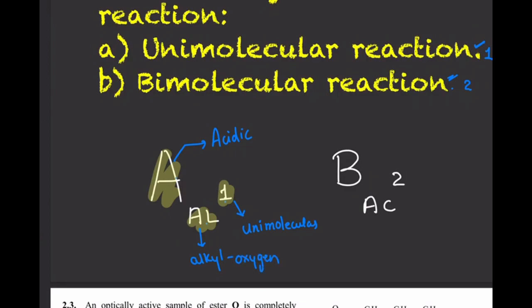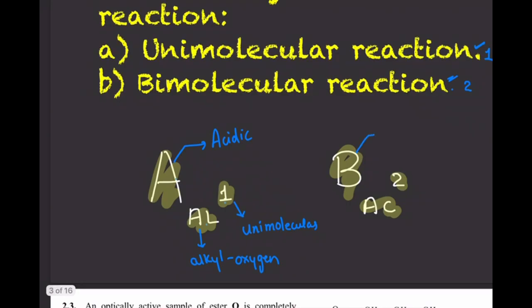Second representation, if you find somewhere BAC2, then these are the IUPAC representations. This B indicates that the reaction is carried out in basic medium. This 2 indicates that the molecularity of the reaction is 2, it is a bimolecular reaction, and AC indicates that it is acyl-oxygen bond fission which is observed in the overall hydrolysis.